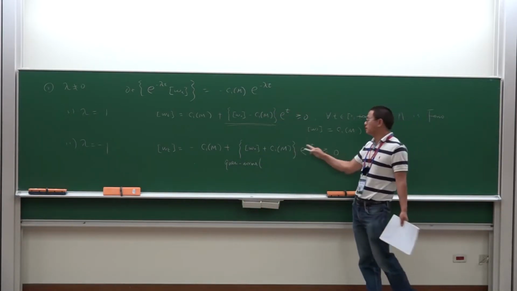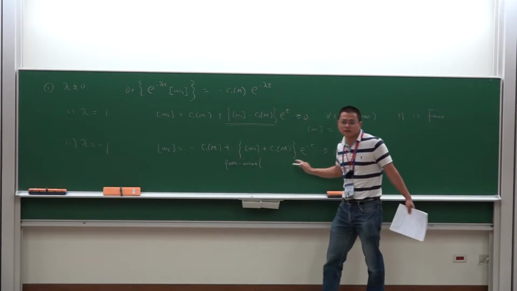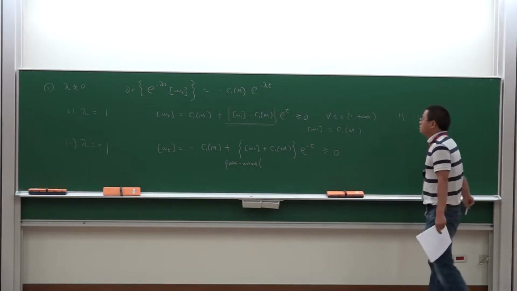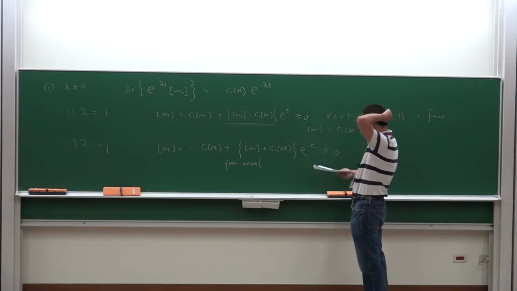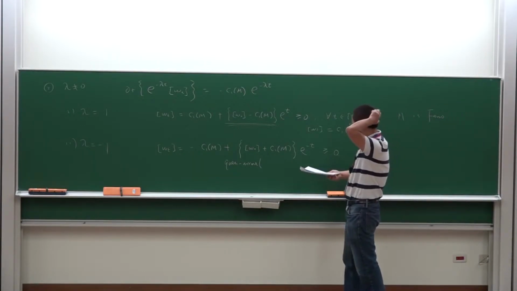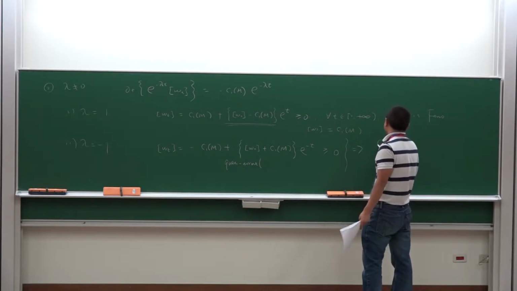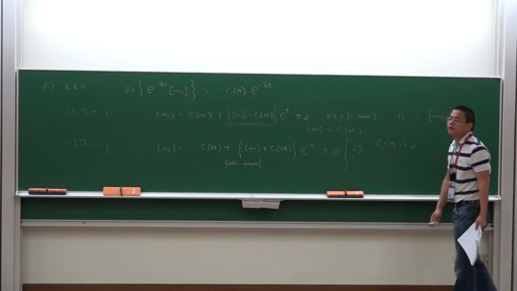You cannot say, when t tends to infinity, this cannot dominate, because this vanishes, converges to 0 exponentially fast. So, what can you obtain? What you obtain in this case is actually C1m less or equal to 0.